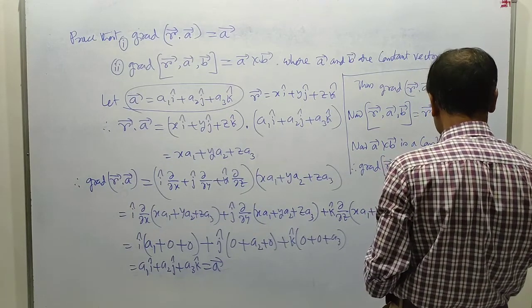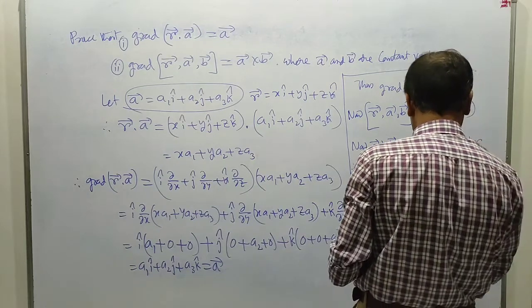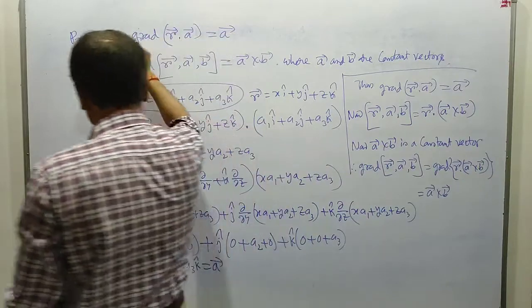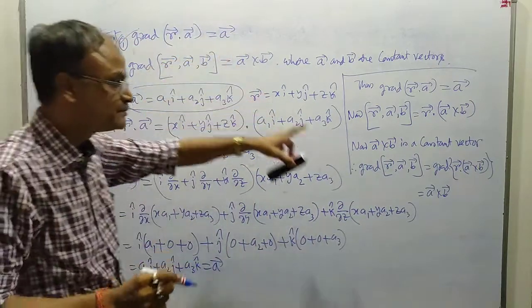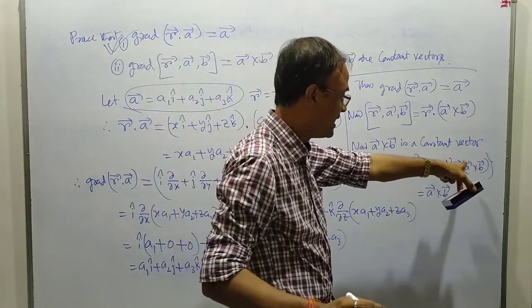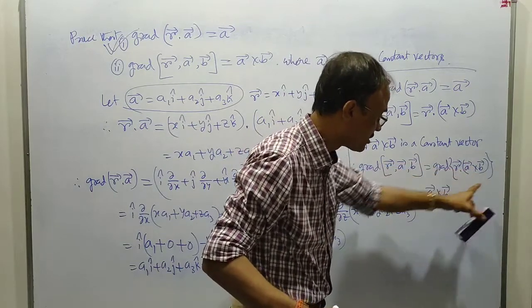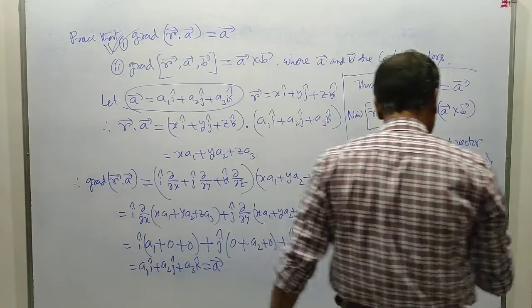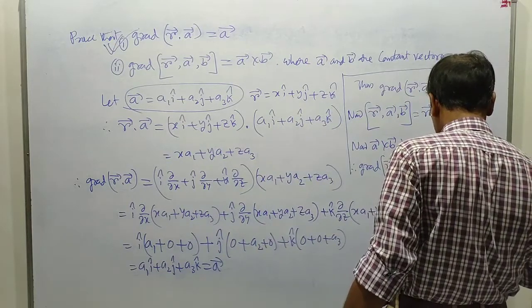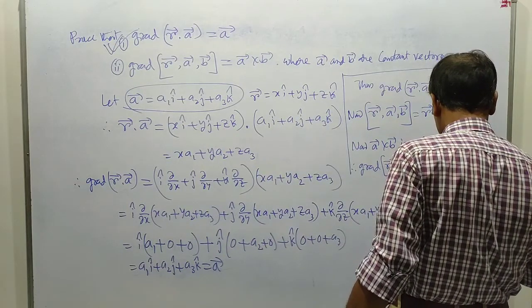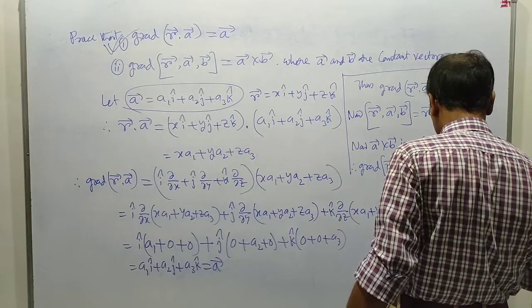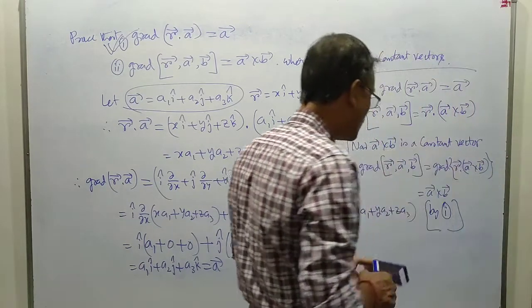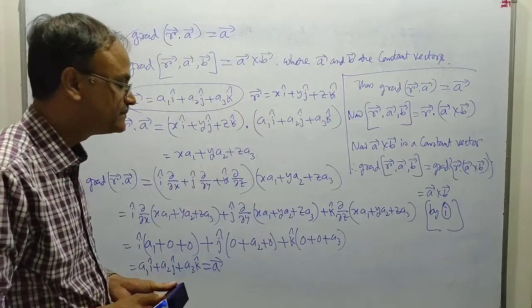Using number 1, gradient of R vector dot a constant vector is equal to the constant vector, by number 1. You will get this one.